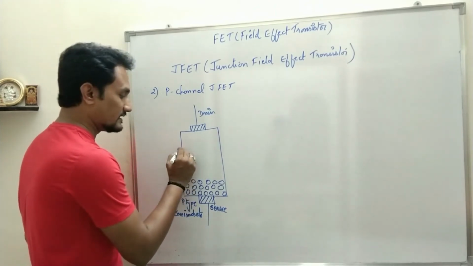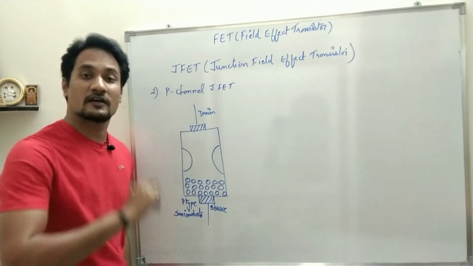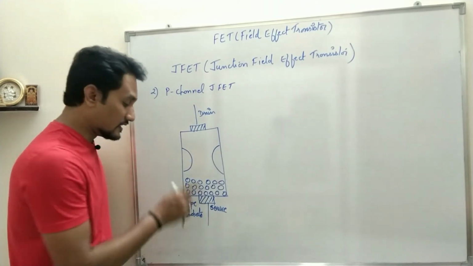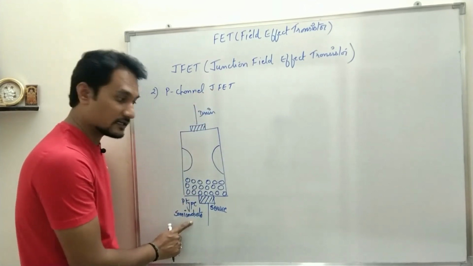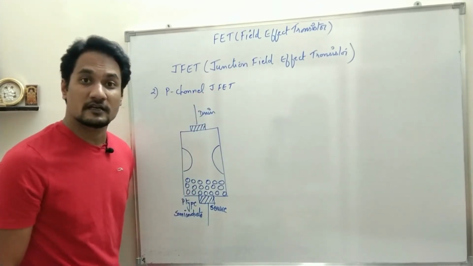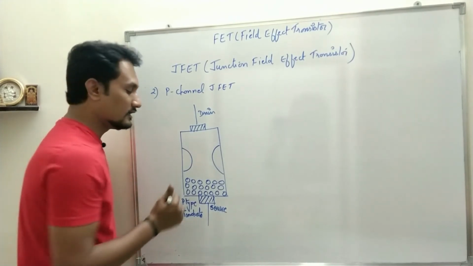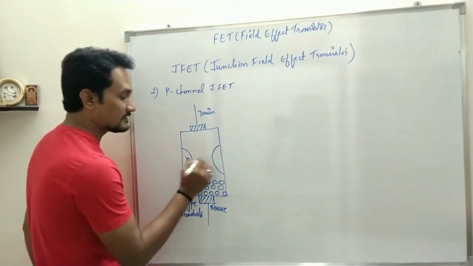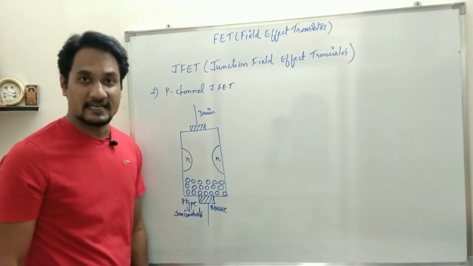Now for a p-channel JFET, we have a p-type semiconductor, so we already have a P region. What we have to dope is pentavalent impurity so that we get an N region and of course form a PN junction.